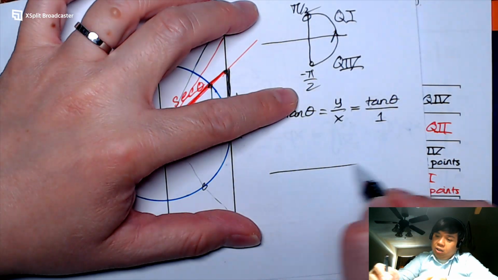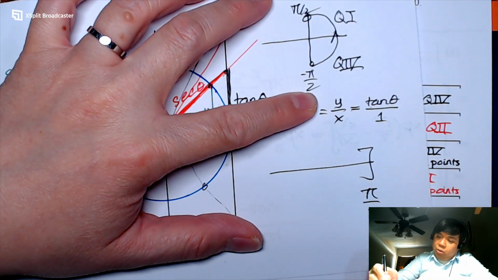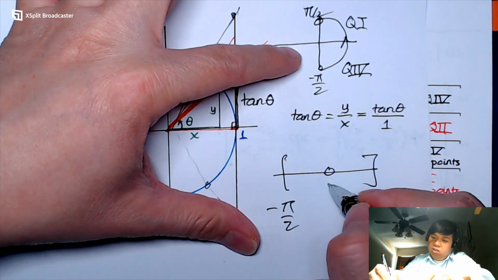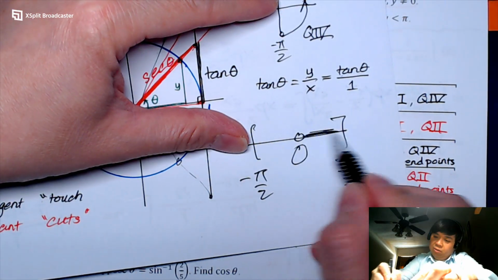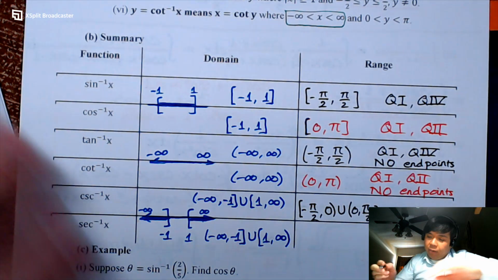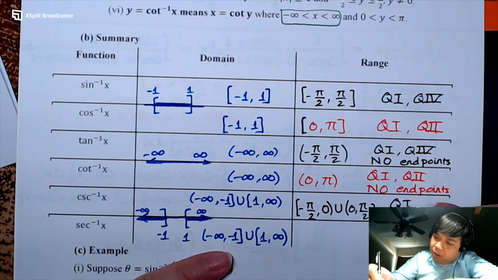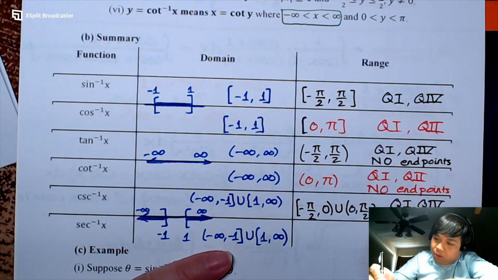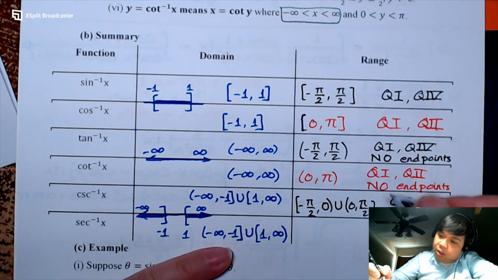So π/2 to -π/2 without the point in the middle. So Q1, Q4, no midpoint.